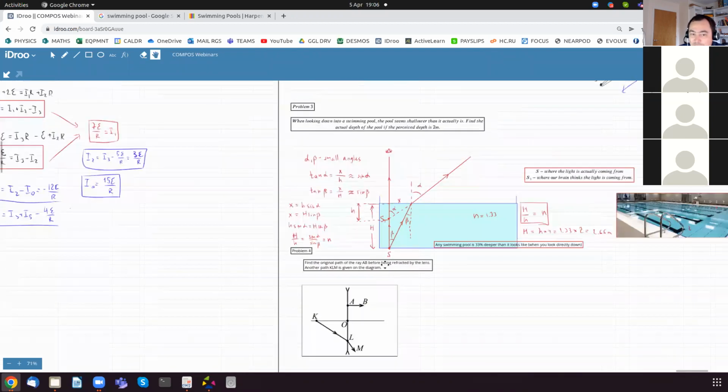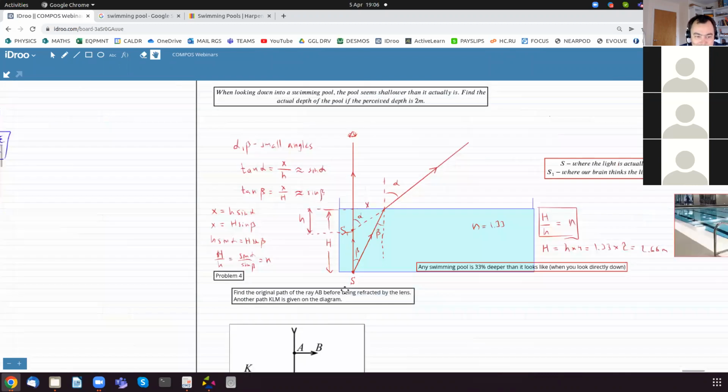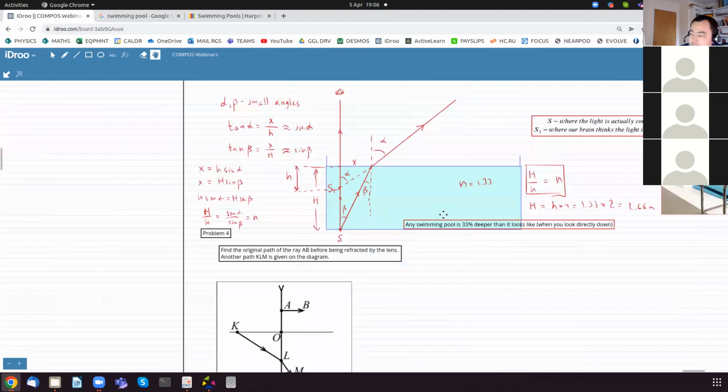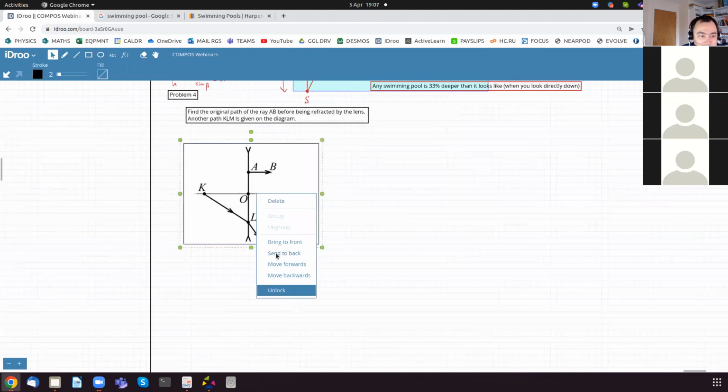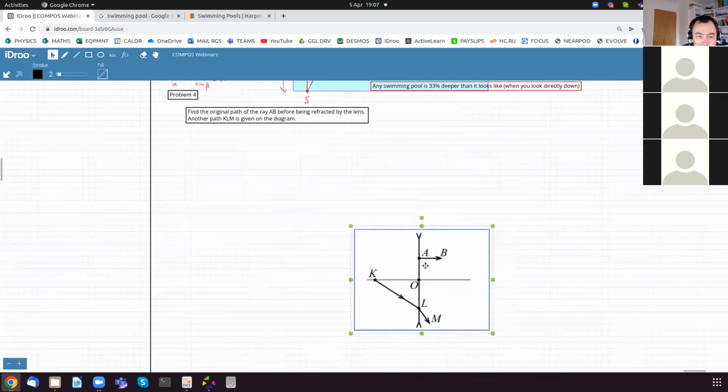All right, so I hope that was useful. Drawing ray diagrams here, you'll need to draw a lot of ray diagrams for this assignment. Find the original path of the ray AB before being refracted by the lens.